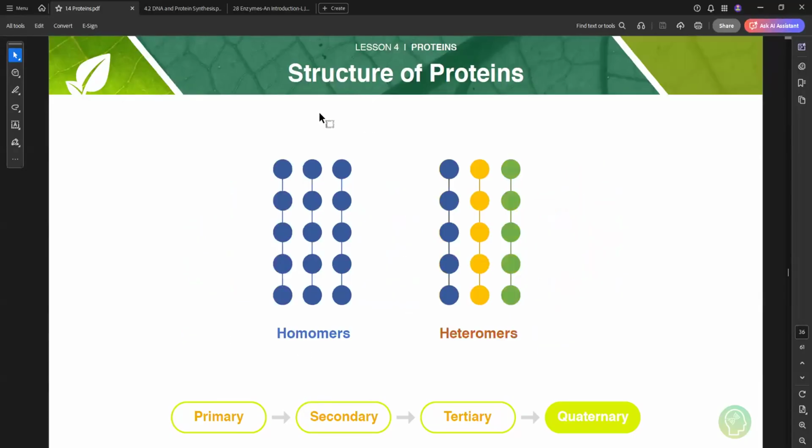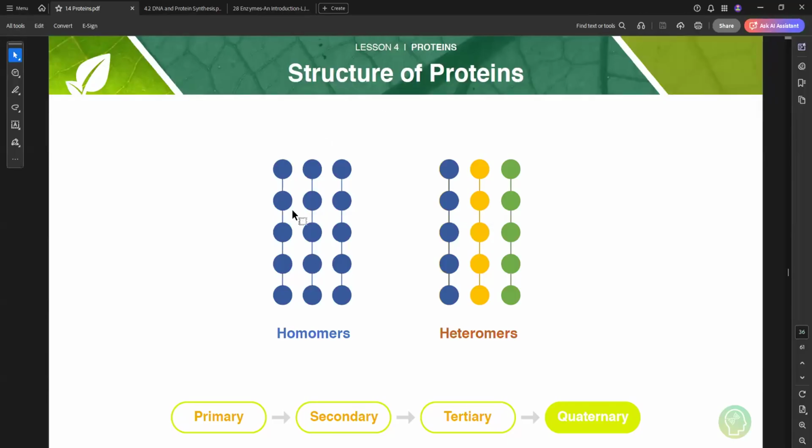We said it previously with our carbohydrates, but you can have homomers or heteromers. Sorry, I can't even say it. Heteromers, and the difference is whether or not they have different peptide chains associated with different ones, or if they're the same.